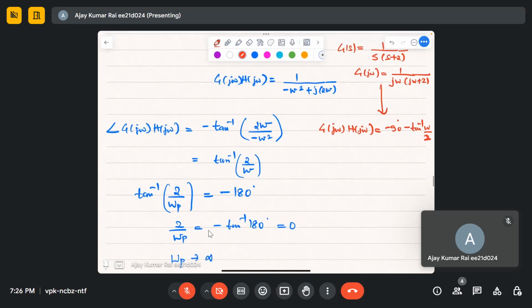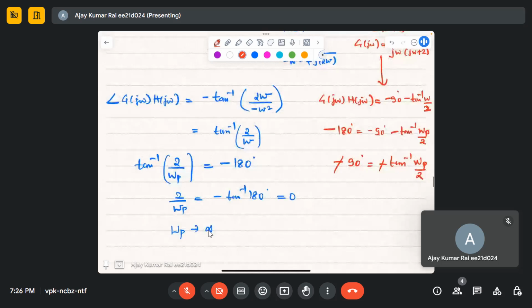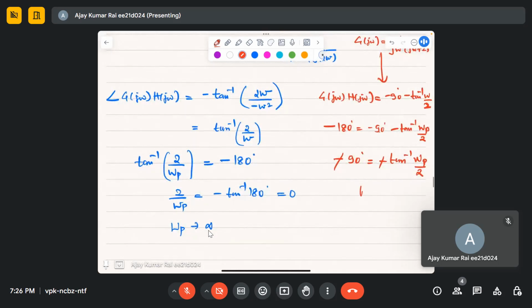At omega p this is equal to minus 180 degrees, so tan inverse of omega p by 2 equals 90 degrees. When omega p is infinity, tan inverse of infinity is 90.